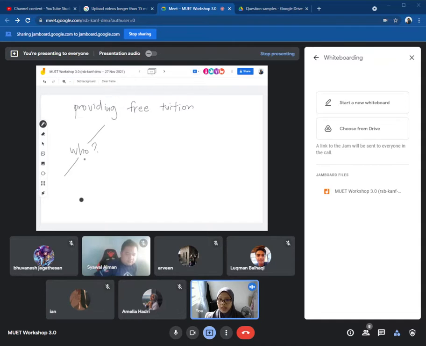Then you can also talk about students who are in the middle income group and they have a lot of siblings. And when you talk about providing free tuition, what kind of free tuition are we talking about? Is it a fee? Is it classes?